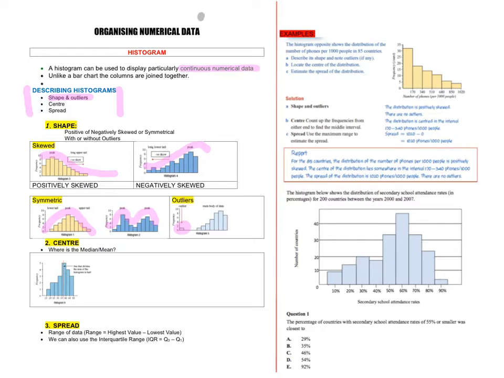With a histogram, and we spoke about this the other day, we then talk about the center. Often the median is the best one to use because the median is appropriate when the data is skewed. Remember when I talked about the median being a resistant statistic? It's not affected by that outlier.